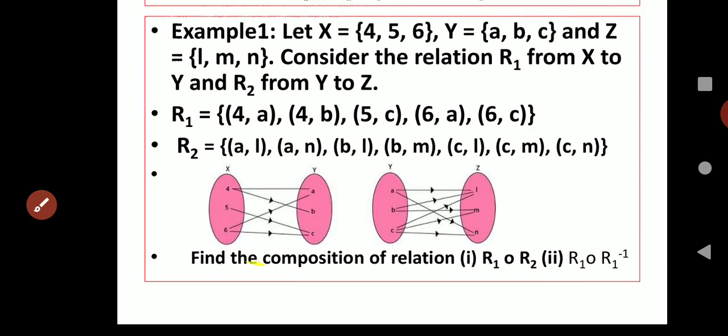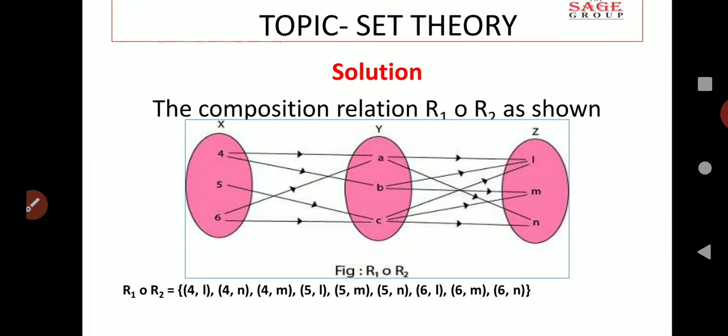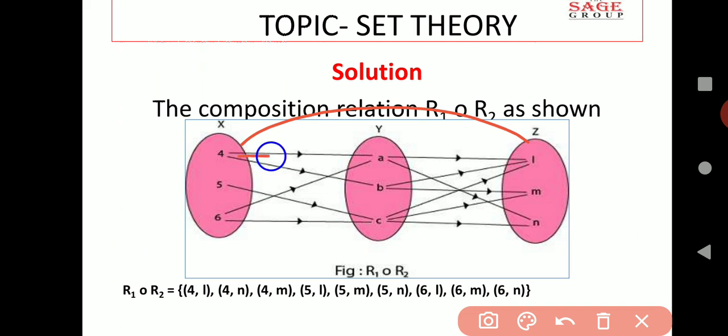Now we have to find the composition of relation, and it is a relation from X to Z. So we have (4, a) and (a, l), so we have a relation from 4 to l. So the first value of R1 o R2 is (4, l).